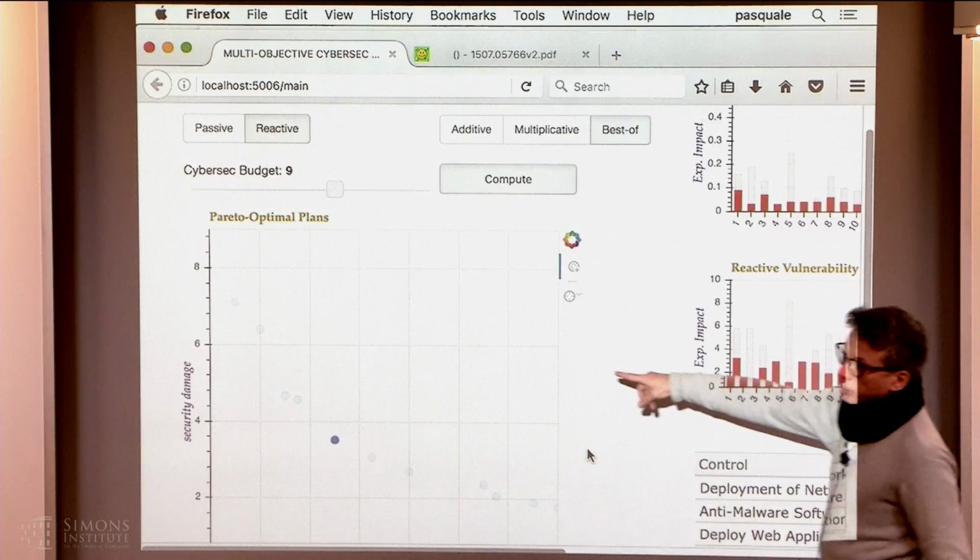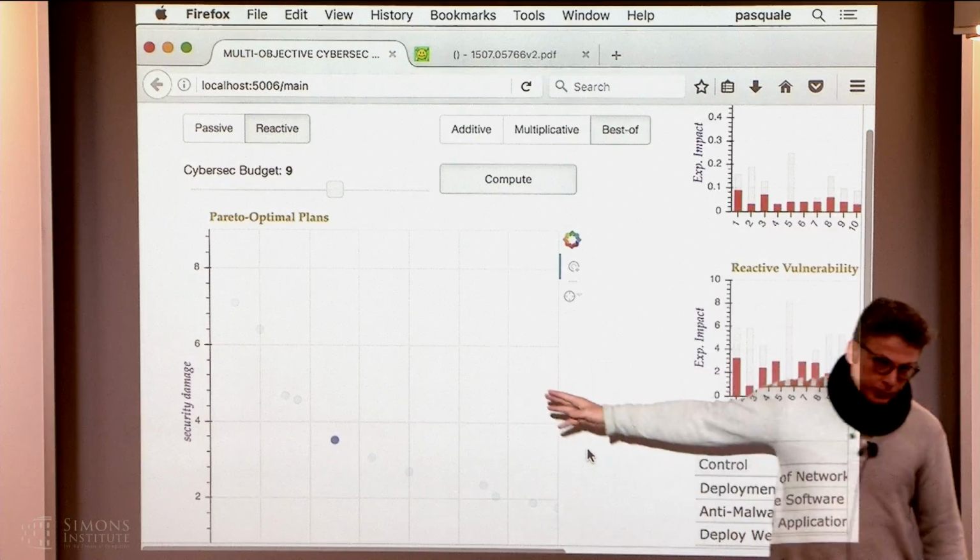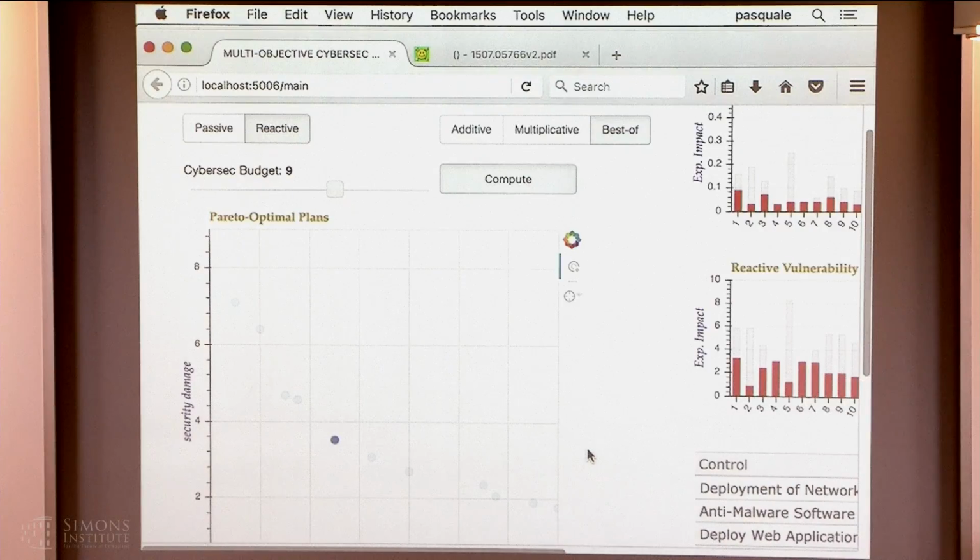And you notice that it took like 15 seconds to give all these points, so each game is solved in under 1 second.